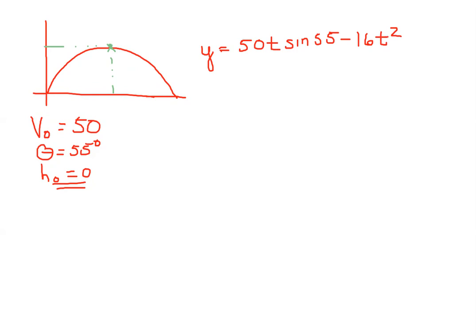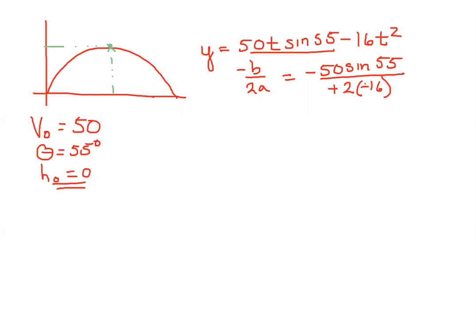We have to find the maximum, which remember is minus b over 2a, and this is b, so minus 50 sine 55 over 2 times minus 16. A is negative 16.